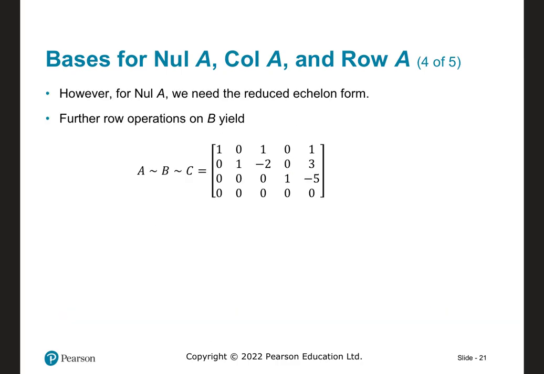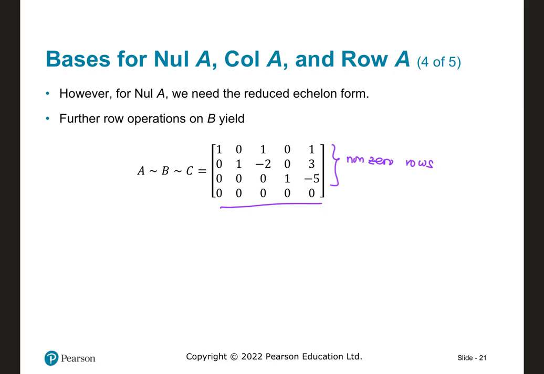And if I go a little bit further, then I can derive the reduced row echelon form. So I have this as my reduced row echelon form of A matrix. Now, these three non-zero rows in C will also define a basis for the row space.